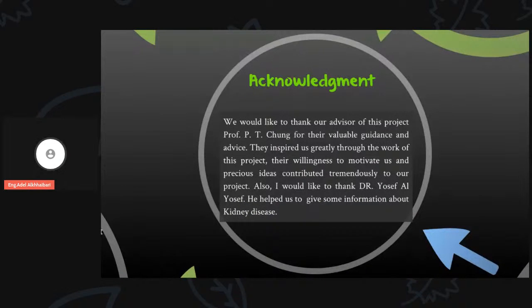Also, I wanted to thank the professor from King Saud Hospital, Dr. Yusuf Al Yusuf. He helped us by giving some information about kidney disease. As you know, this artificial intelligence project involves some medical information. For me, as a computer science technical person, I wanted to just focus on the coding and some medical information.